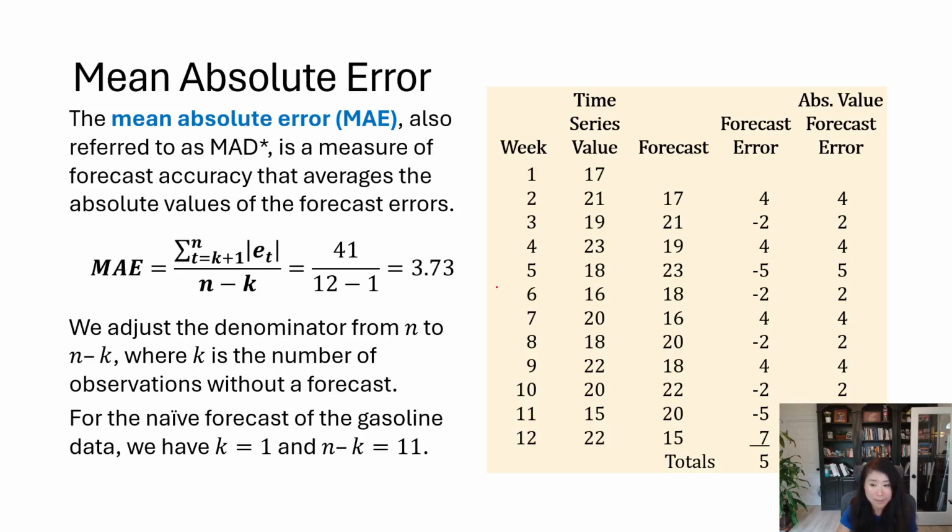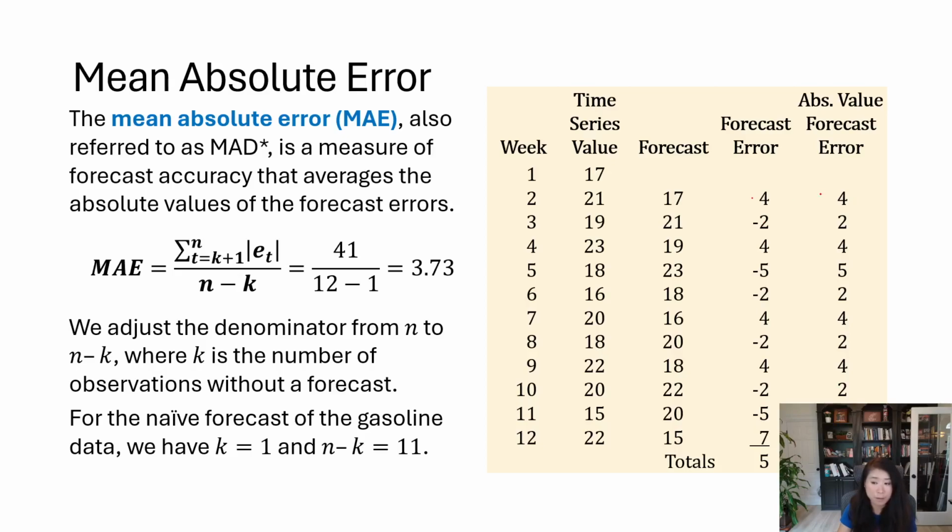To avoid that, we add an extra step before getting the average value. First of all, we still get our forecast error column. However, instead of just adding all of them together, we find the absolute value first. So 4 becomes 4, -2 becomes 2, 4 and 4. This assures all my errors are positive before we take the average.